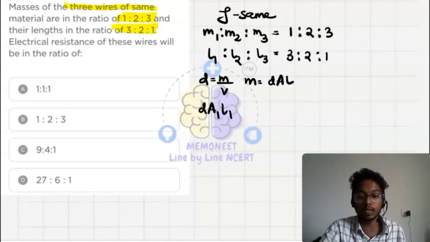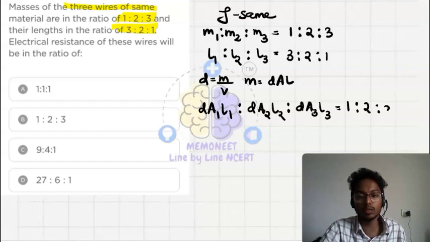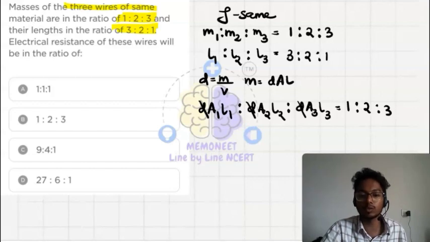Density will not change because these are of the same material, so D cancels. So A1 L1 is to A2 L2 is to A3 L3 is equal to 1 is to 2 is to 3.